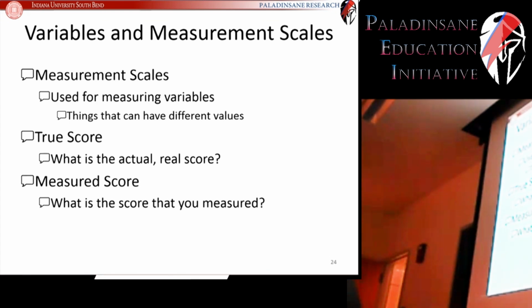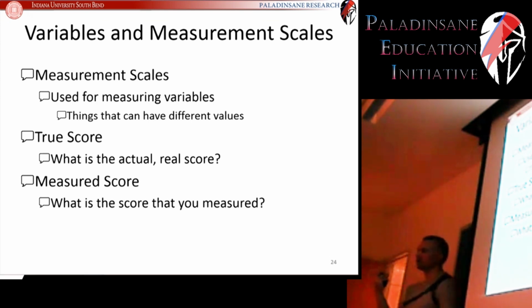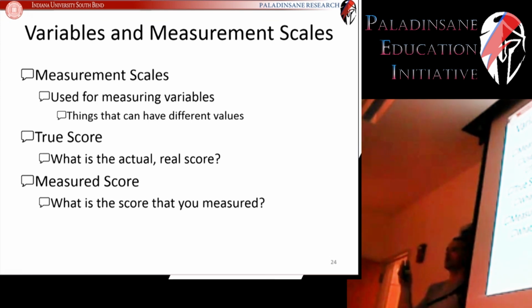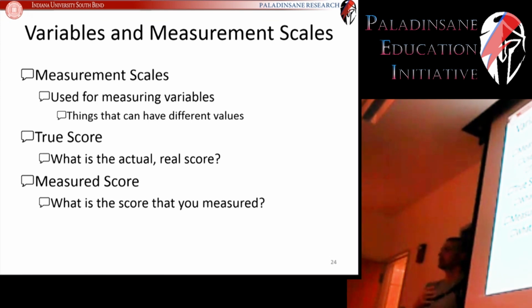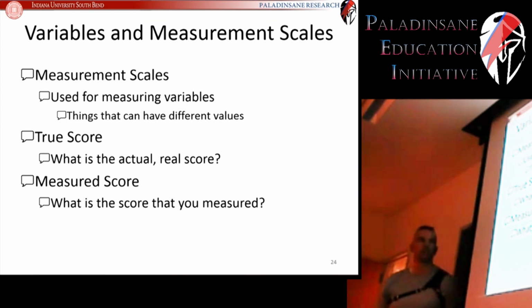Just to recap what we did last time, the true score is the actual real score. And in psychology, a lot of times, this true score cannot be directly accessed. As we saw last time, you cannot directly measure depression. You can't see depression. We don't have a microscope that lets us look inside a person's mind and see how much depression they have.